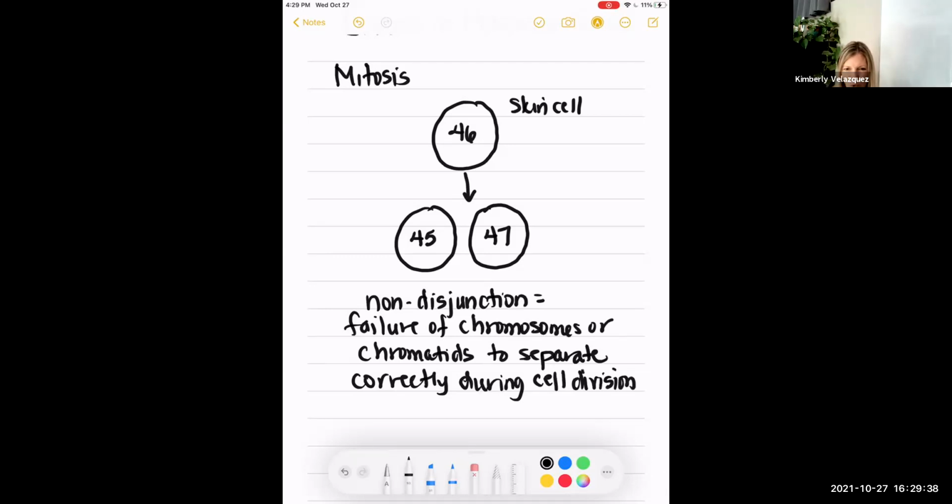And that results in the wrong number of chromosomes. If this is a skin cell, a stomach cell, whatever the case might be during mitosis, this is not a big deal. First of all, you have thousands of the same cell type. So even if these two have the wrong number of chromosomes, it's not totally critical.